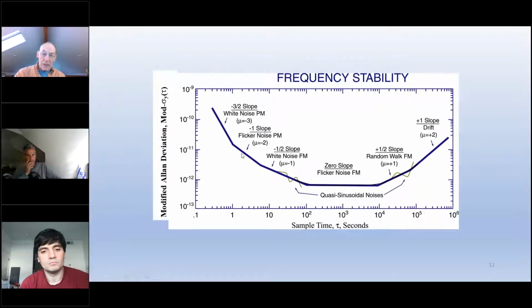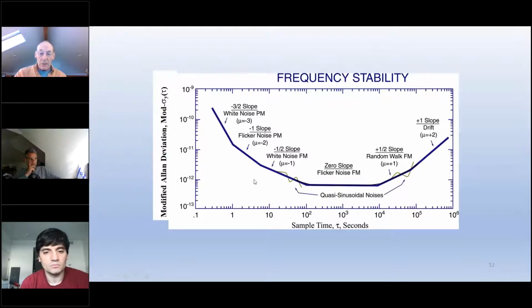And between those is this stuff called flicker noise. In a measurement system, it's typically phase noise. So you can have white noise or flicker noise, and sometimes a random walk in phase in a measurement system, which is what the left-hand stuff would predominantly be.